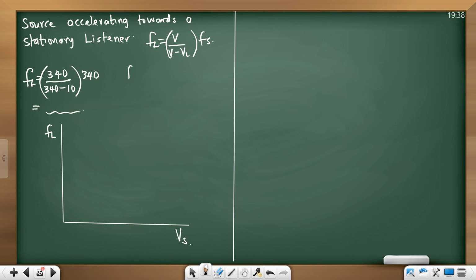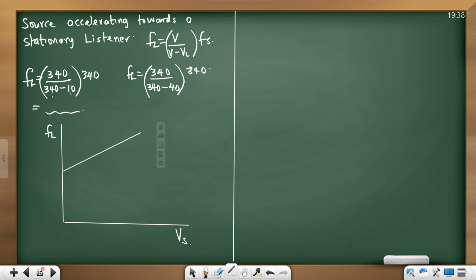Then you come here again and say, you don't have to use my own values, over 340, the speed is increasing. I can tell you what's going to happen. If I subtract 10, then I'm going to get an answer there. 330 at the bottom, and then 300 at the bottom on that side. As the bottom becomes smaller, FL is going to increase. So FL is going to increase. My graph is going to look that way.